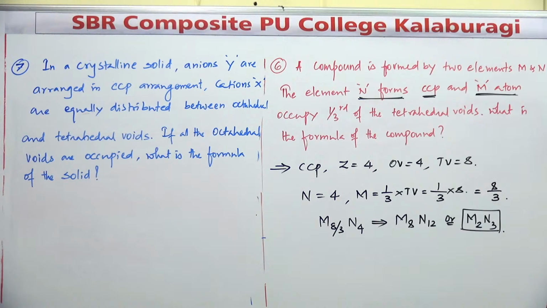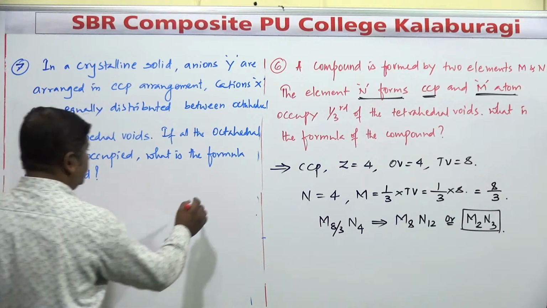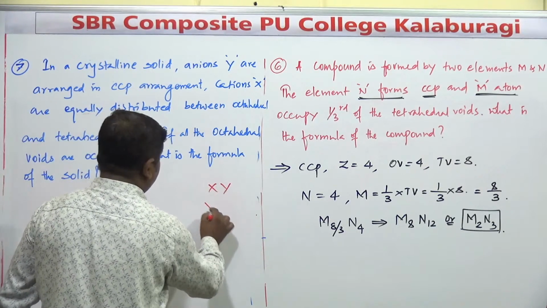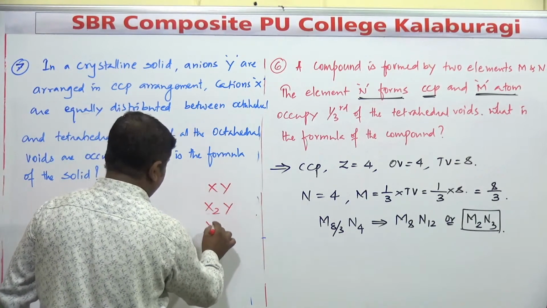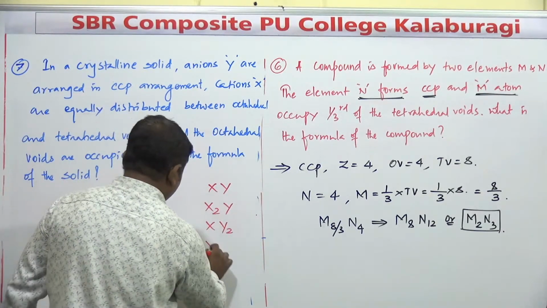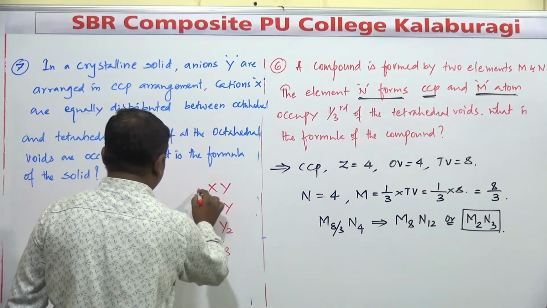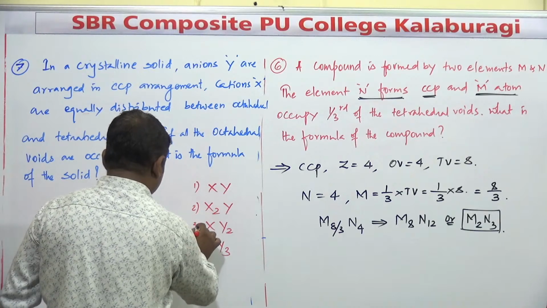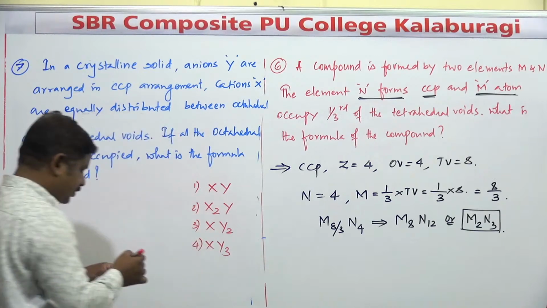What is the formula of the compound? Options may be XY, X2Y, XY2, XY3. What is the correct answer for this numerical?